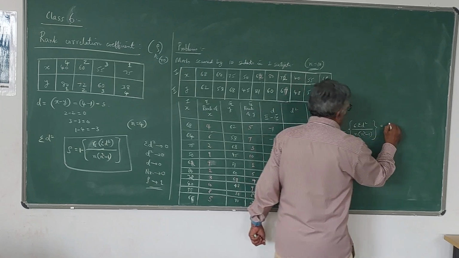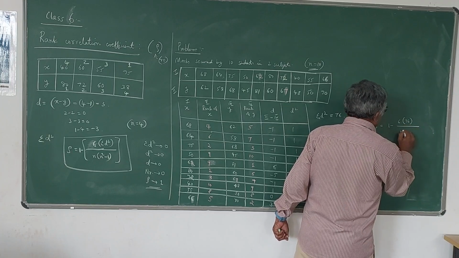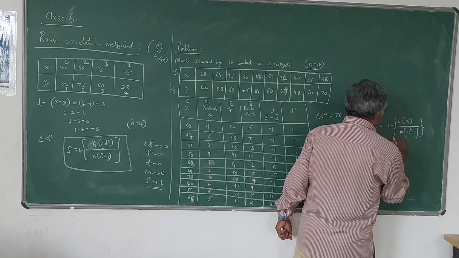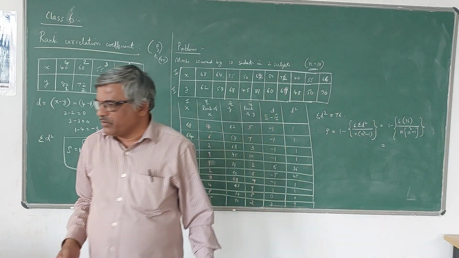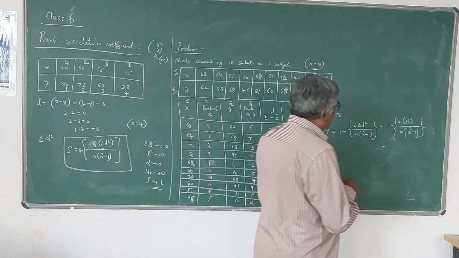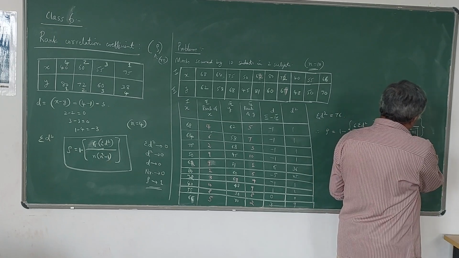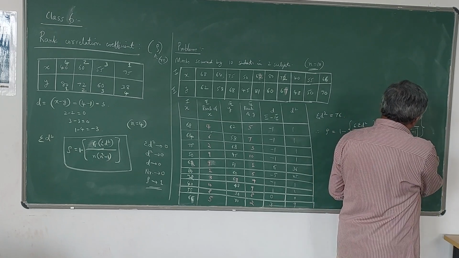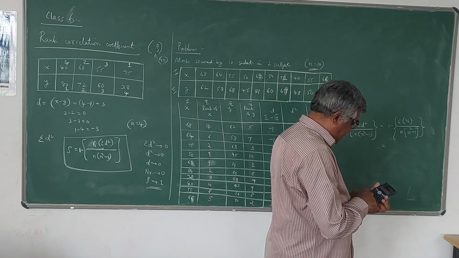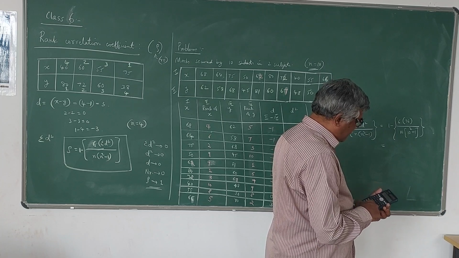Substituting, 1 minus 6 times 76 divided by n, which is 10 here, the number of observations, into 10 square minus 1. Simplifying, 6 into 76 divided by 10 into 99, which is 990.